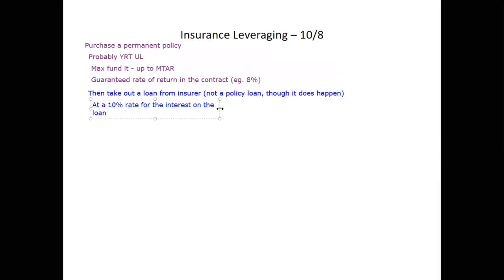That's all good. And then you use the proceeds of the loan to invest somewhere else. Okay, doesn't really matter where else, as long as it's a non-registered investment with an expectation of profit. And then you can deduct that 10% interest.